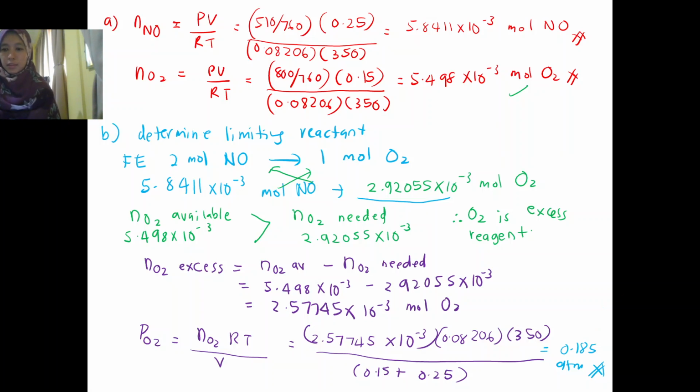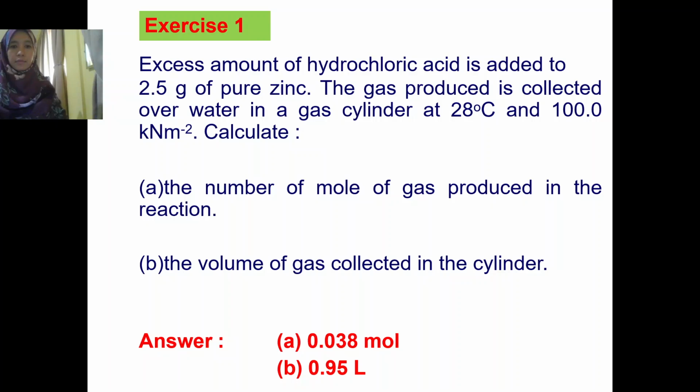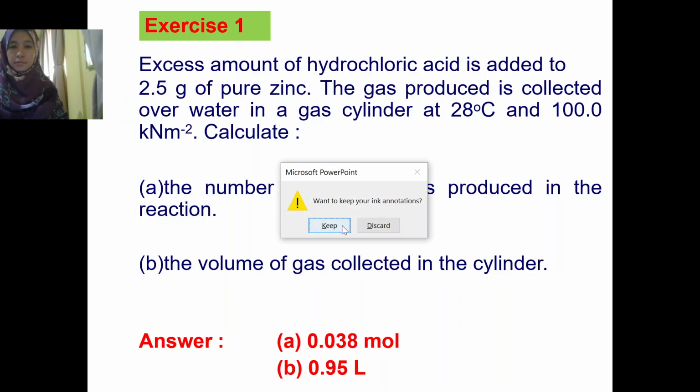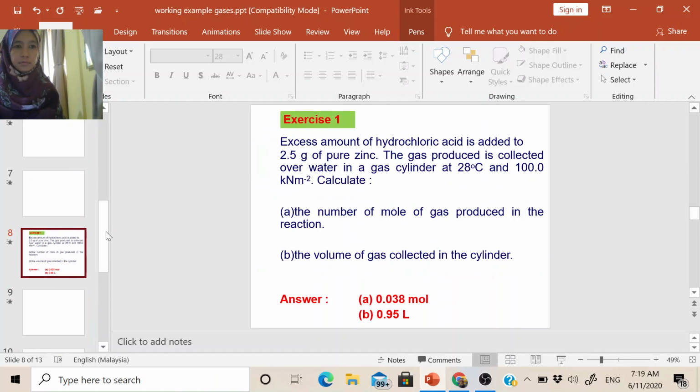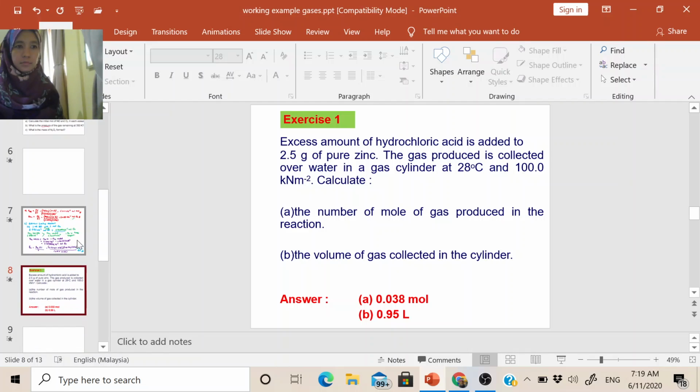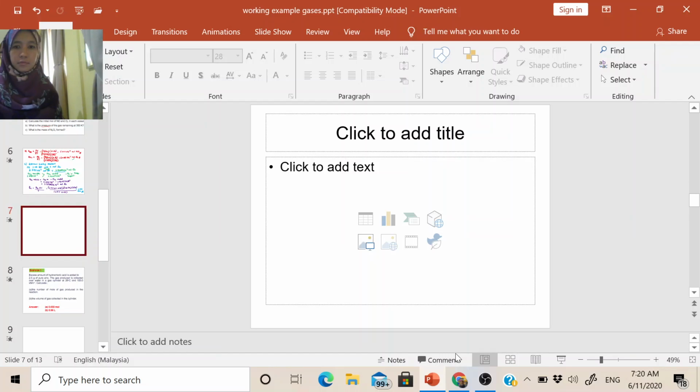Okay, now for question C. Calculate mass of N2O4. So question C, mass of N2O4 is determined by the limiting reactant.